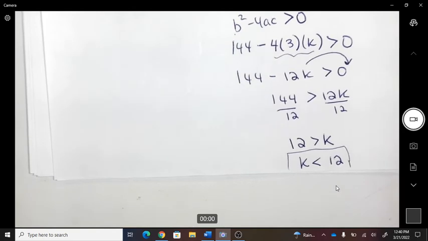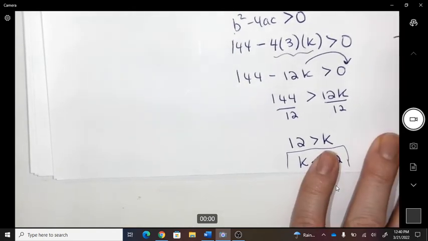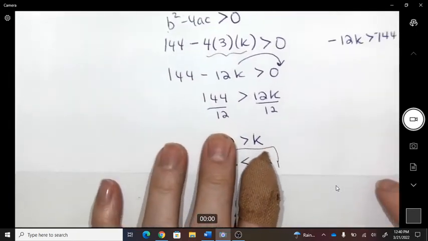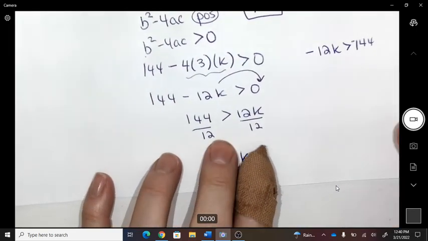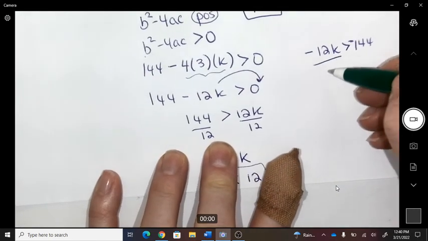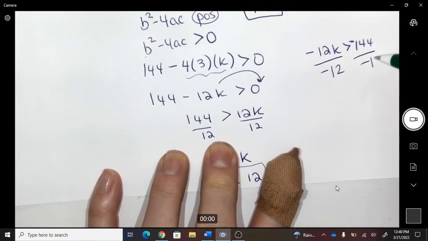Okay, I just want to make note of this. If somebody had moved the 144, that's fine. But here's a little trick in math.